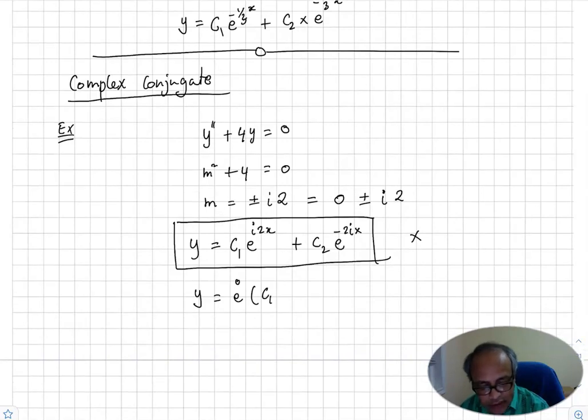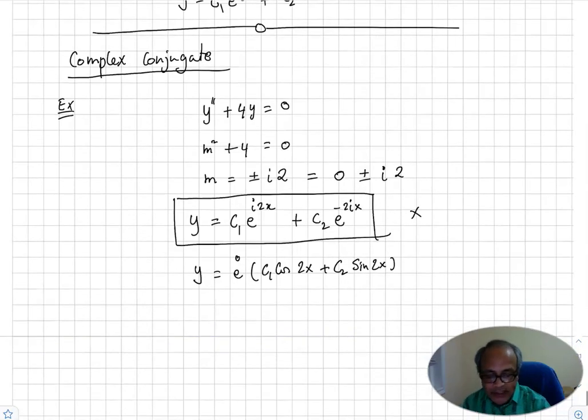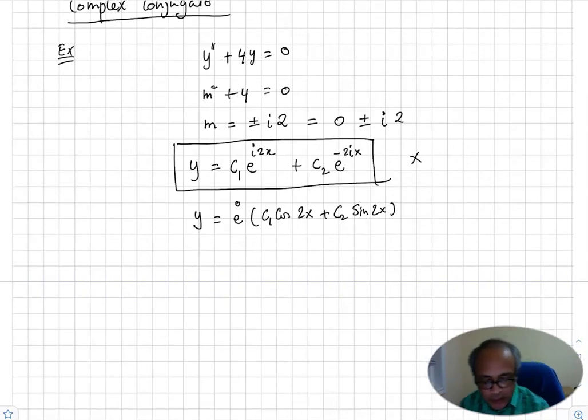So c1 cos 2x plus c2 sine 2x, and e to the power 0x. Maybe I can explicitly write e to the power 0x, but it is not needed here because 0 times x is 0 and e to the power 0 is 1.